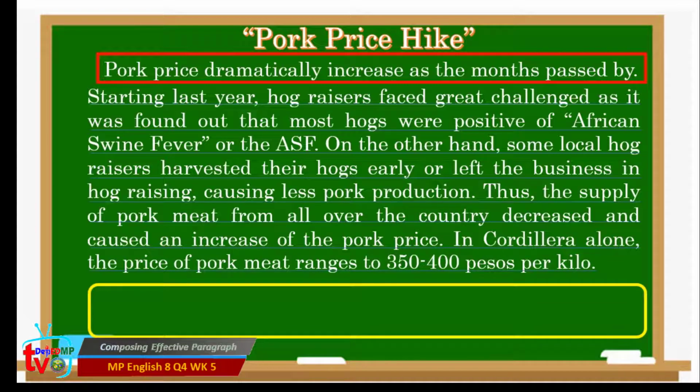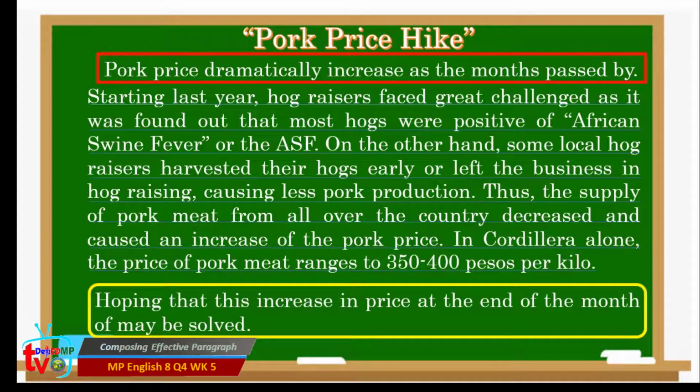Thus, the supply of pork meat from all over the country decreased and caused an increase of the pork price. In Cordillera alone, the price of pork meat ranges from 350 to 400 pesos per kilo. These are the supporting sentences. Hoping that this increase in price at the end of the month may be solved. This is the concluding sentence.